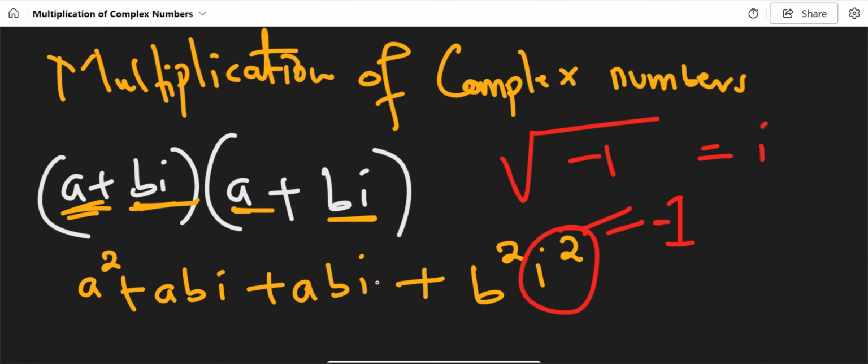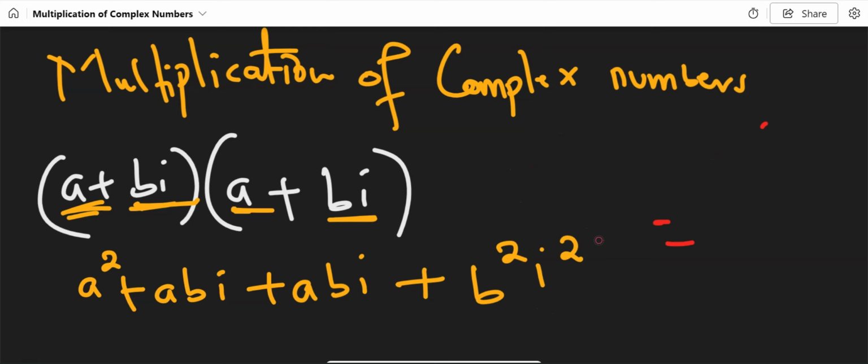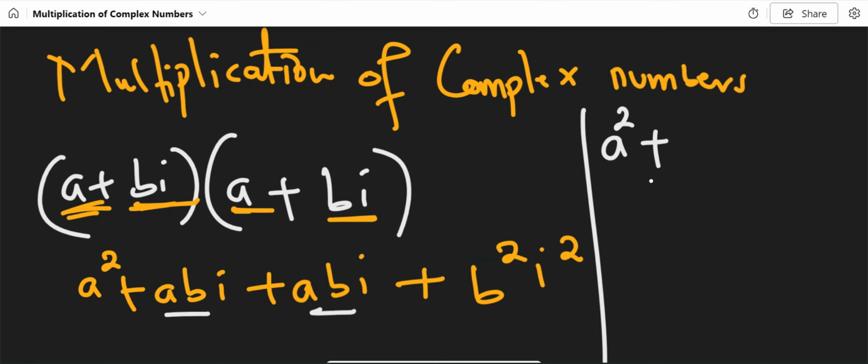So now we proceed and collect like terms, of course. Collecting like terms gives a squared, then plus abi plus abi, that is 2abi, then i squared is -1, so -1 times b squared, that is minus b squared.